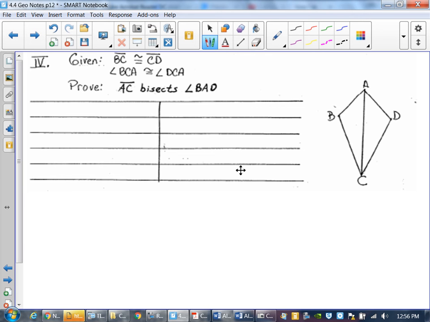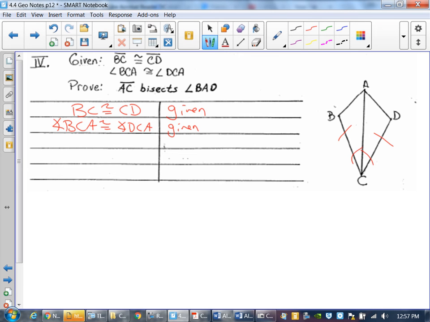So anyway, back to this. When you are working with all these, you still have to be able to prove you have a triangle. So you still do the same setup like you have been. Start with your givens and work your way through it. Mark the diagram. You go again: BCA and DCA. Mark it.